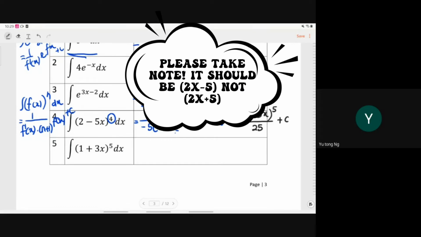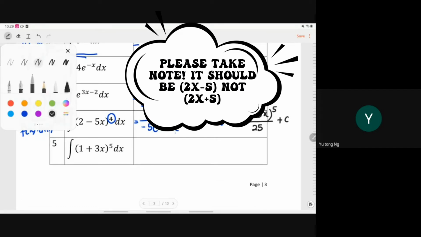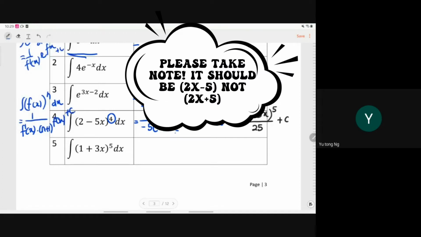Okay, so next we have (1 plus 3x) to the power of 5 dx. It's simply the same case as question number 4. Differentiating 1 plus 3x gives 3, so 1 over 3 multiplied with the power increased by 1, so it becomes 6, and then (1 plus 3x) to the power of 6 plus c.